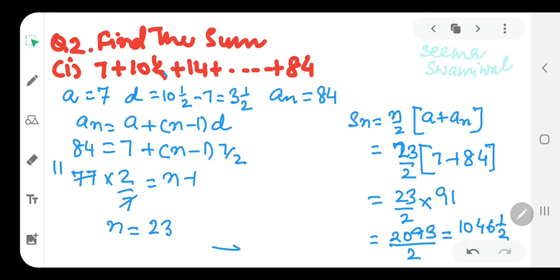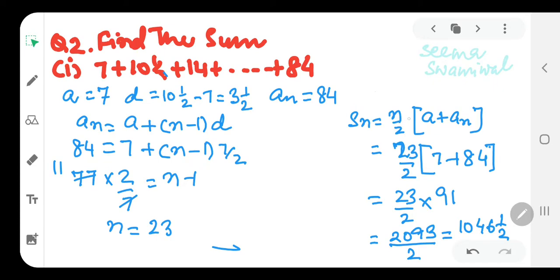And the formula for Sn is equal to n by 2 into a plus an. Now this will be wiser if you use this formula, because in this question you are given the last term as 84. So you will use this formula and that will become n by 2.